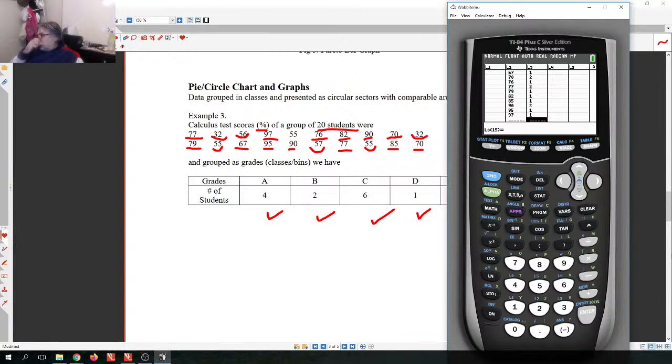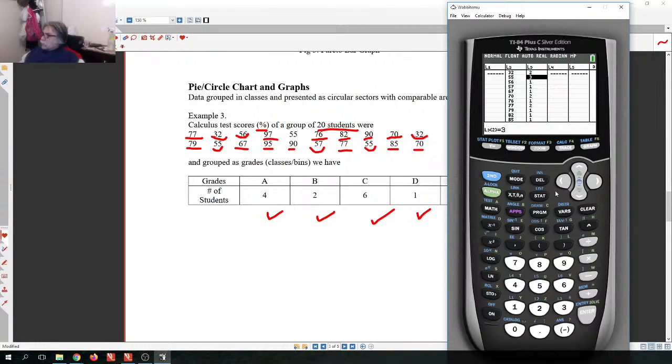What you have here in list 3 is a frequency list. So you have data in list 2, all of the data, but written only once. So 55 is only once, but in the list 2 frequency, it is listed as 3 times for 55.